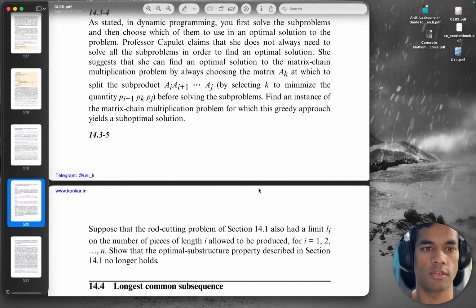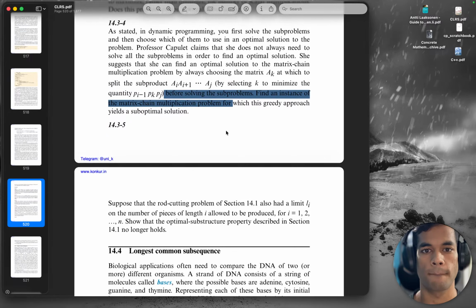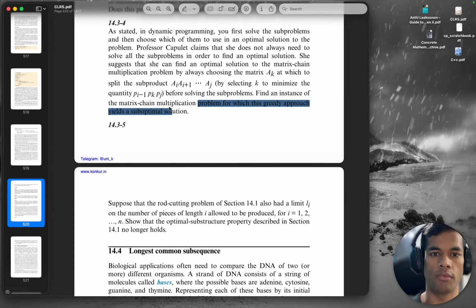She suggests that she can find an optimal solution to the matrix chain multiplication problem by always choosing the matrix AK at which to split the product. No, she cannot know this beforehand. Yeah, I mean, this obviously does not work.